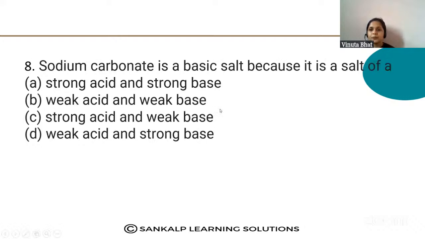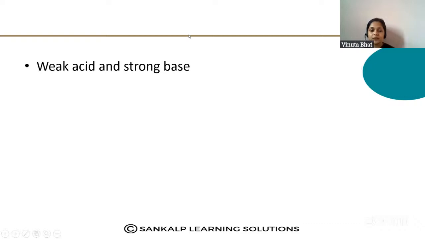Next question. Sodium carbonate is a basic salt because it is a salt of which acid and base: strong acid and strong base, weak acid and weak base, strong acid and weak base, or weak acid and strong base? Sodium carbonate, Na2CO3, is the product of a weak acid and a strong base.